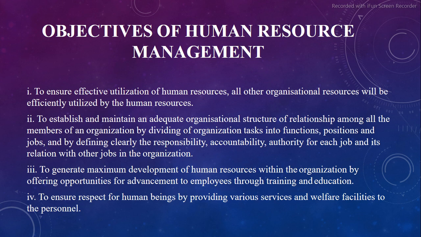Also to ensure respect for human beings by providing various services and welfare facilities to the personnel. When we talk of welfare facilities, this includes things such as provision of maybe incentives, provision of paid holidays to the employees.